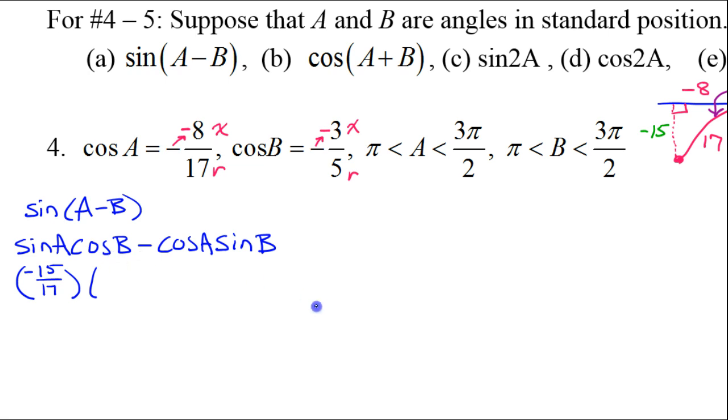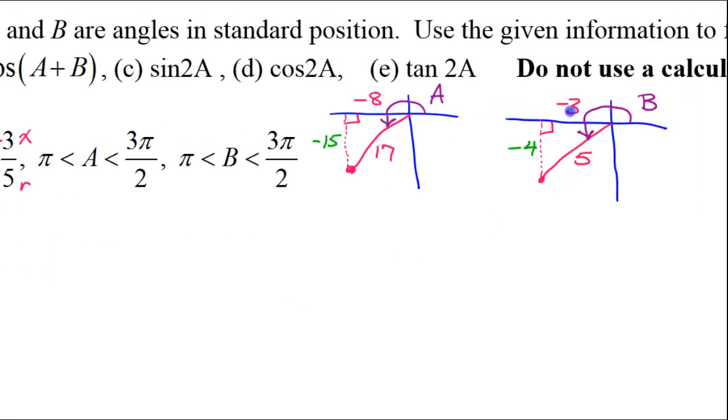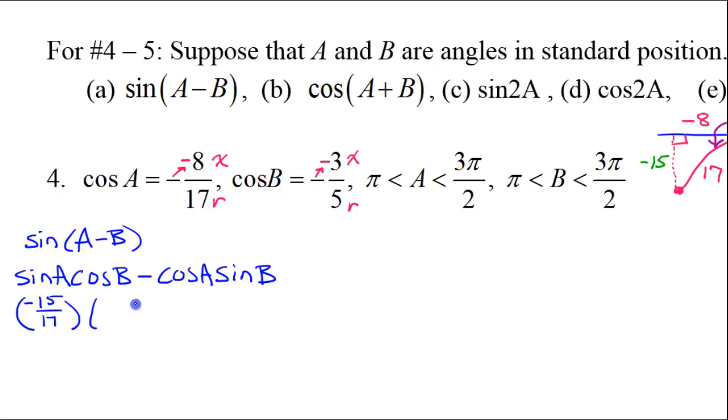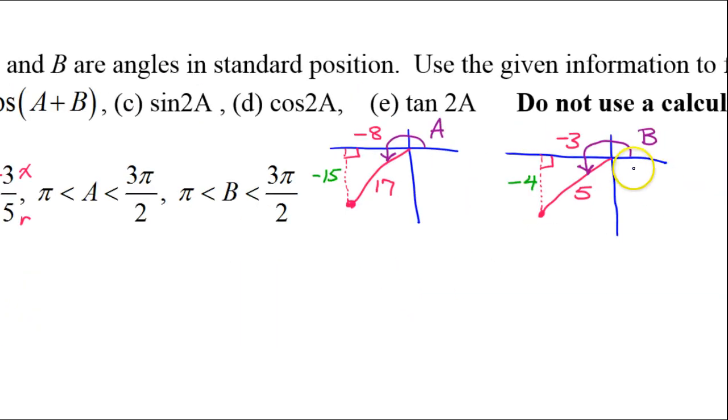Cosine of B is next, that's negative 3 over 5. Oh, we were given it right there. Minus. Now I need cosine A. We are given that, so that's negative 8 over 17. But now I need sine B. Looking at B, sine is negative 4 over 5, y over r.